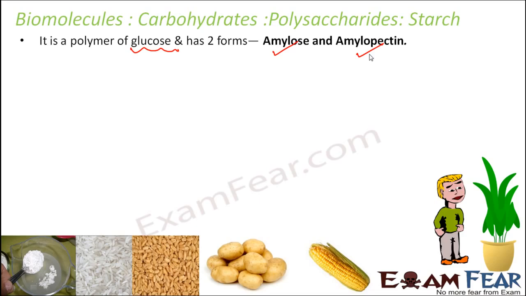When I talk about cereals, one common place where you would have often seen starch is rice. When you prepare rice, you would have seen your moms preparing rice in a vessel, and then a watery, sticky, viscous substance comes out of that rice. That is nothing but starch, and that is often used to put in your clothes to make them stiff before you iron them, especially cotton clothes.